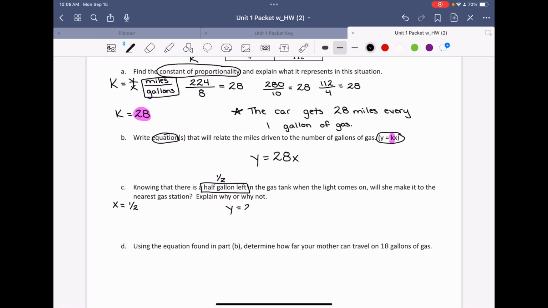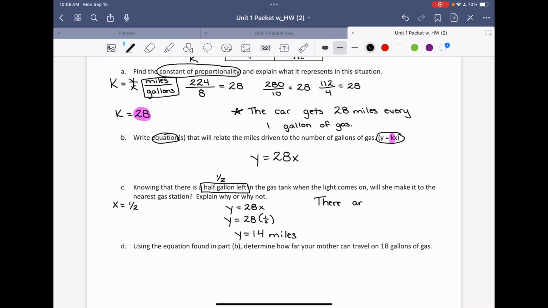Y equals 28 times X. Y equals 28 times 1/2. And I'm going to figure out how far she can go on that half gallon. So 28 times 1/2 equals 14 miles. So I'm using my equation to solve questions. She will not make it to the gas station because she does not have enough gas in the gas tank.